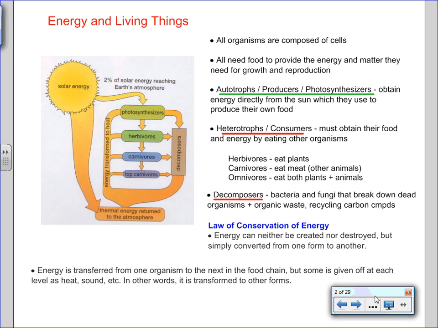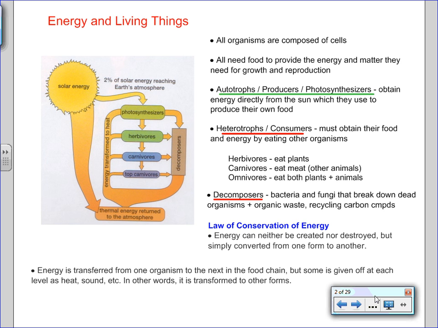More specifically, when we talk about the heterotrophs, there are herbivores, which eat only plants, carnivores, which eat only meat, in other words, other animals, and omnivores, which eat both plants and animals. So we would be considered omnivores. Decomposers, like the name suggests, are bacteria and fungi that break down or decompose dead organisms and organic waste. So they recycle carbon compounds, so they keep the carbon cycle going.